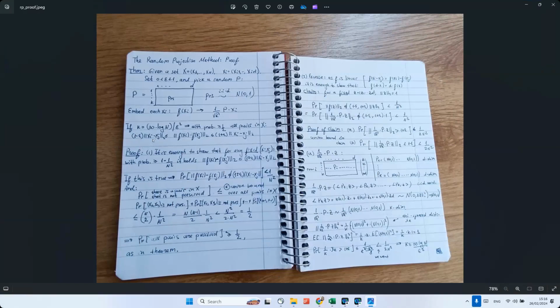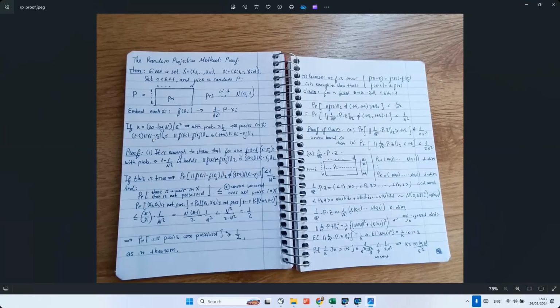If I can show this, I claim that I can show that with probability at least half, all of them are preserved. Why? Because if I can show this, it means that the probability of the negation of this event, that some pair is not preserved, that the fixed pair is not preserved, is smaller than 1 over n squared.